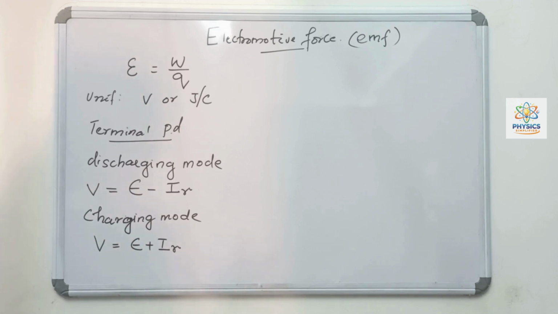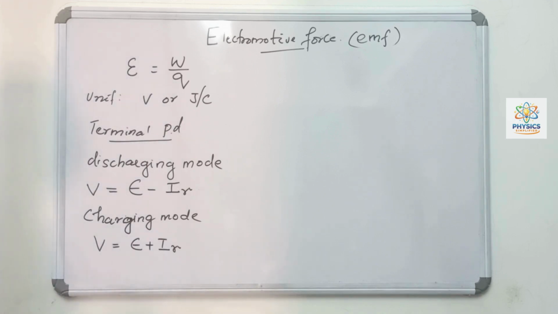Here there is a difference between electromotive force and terminal potential difference. The first point is electromotive force means the potential difference between the terminals of a cell when the circuit is open. Terminal potential difference means it is the potential difference between the terminals of a cell when the circuit is closed.